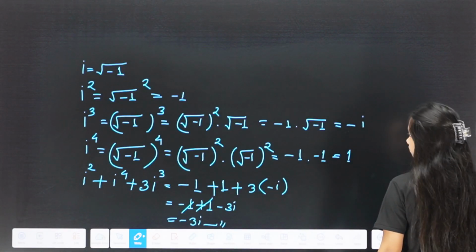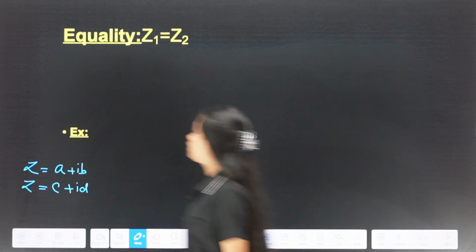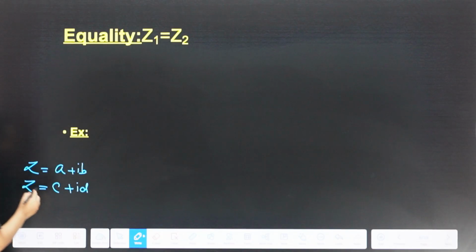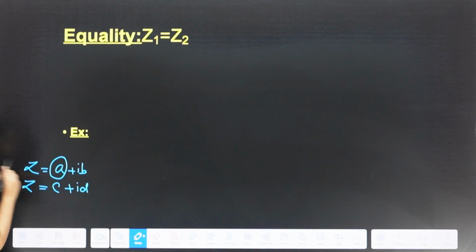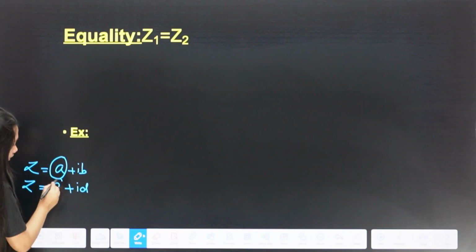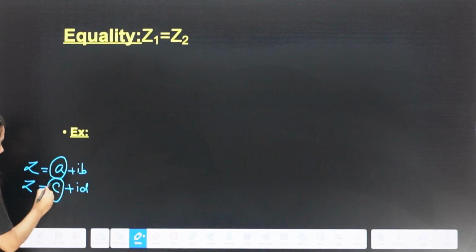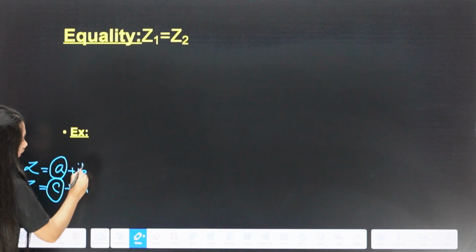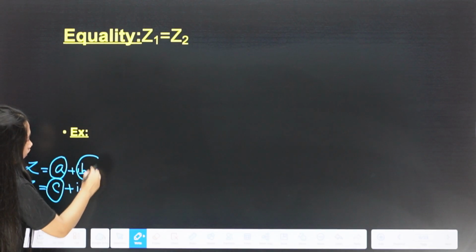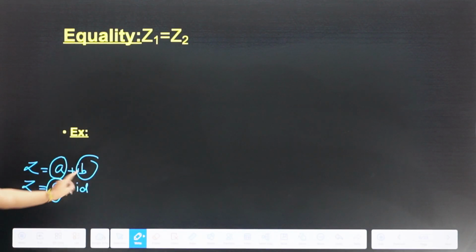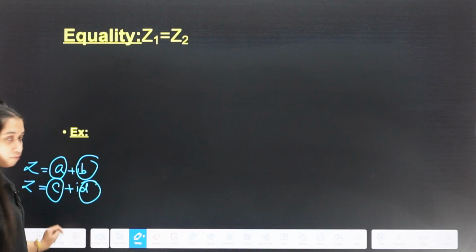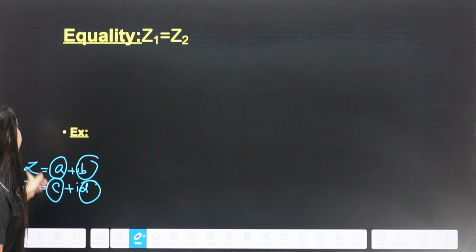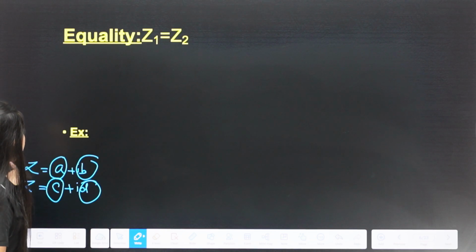So if the real part of this complex number, that is a, is equal to the real part of this complex number, that is c, and if the imaginary part of this complex number and the imaginary part of the other complex number are equal, then we will call the complex numbers equal.